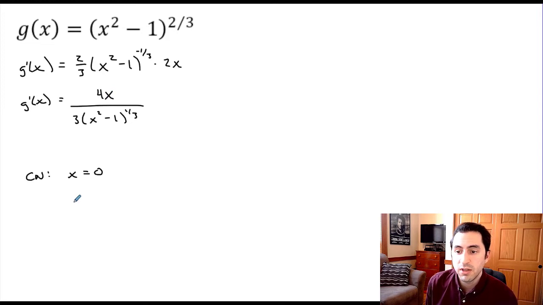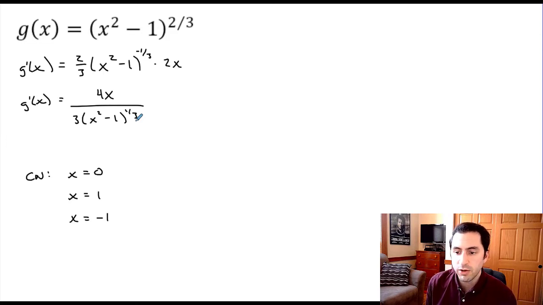Now for this to be undefined, the denominator would have to be equal to 0. There are two numbers that are going to make that happen: either x is equal to 1 or x is equal to negative 1. If we plug in 1 or negative 1 into the denominator, we'll end up with 0 to the 1/3 power, which is 0, which gives me something that's undefined.